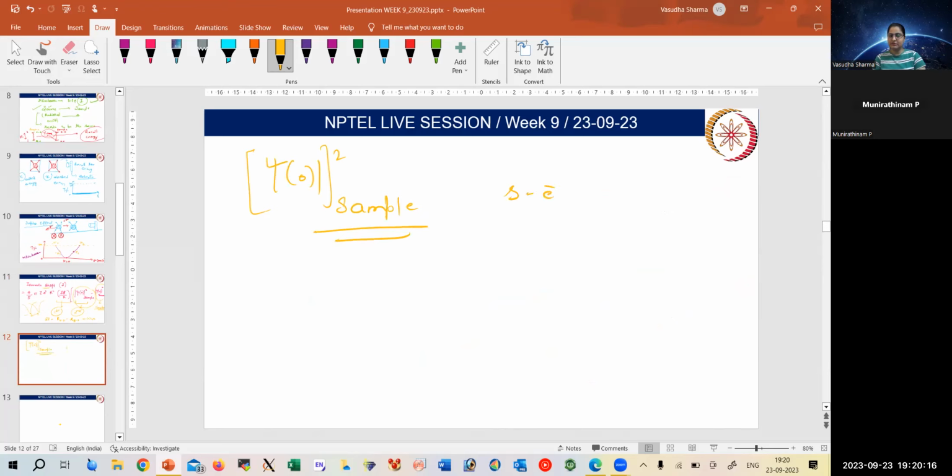This s electron density in the nucleus, its penetration or its presence, whatever you want to say, why is it getting affected, and who is affecting it actually?